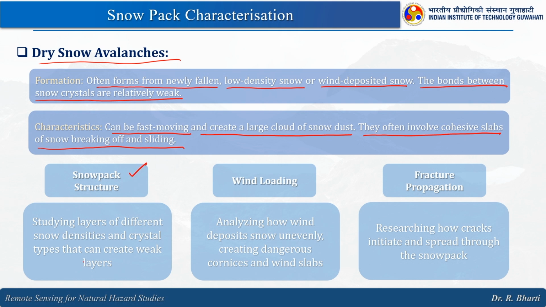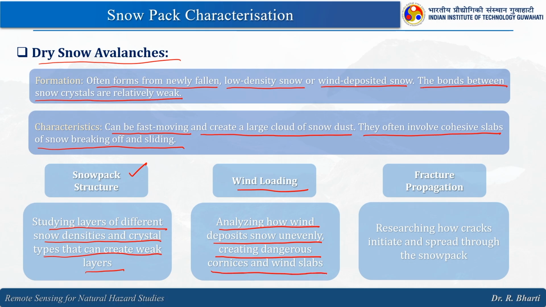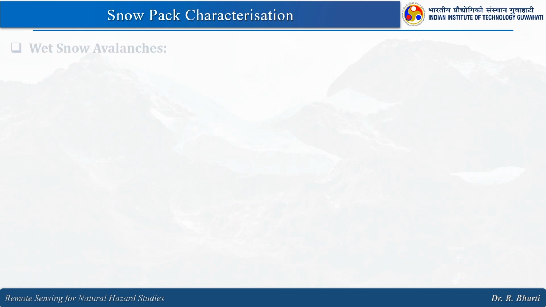The snowpack structure: studying layers of different snow densities and crystal types that can create weak layers. Wind loading: analyzing how wind deposits snow unevenly, creating dangerous cornices and wind slabs. Fracture propagation: researching how cracks initiate and spread through the snowpack. So, this is how we need to understand the dry snow avalanche.